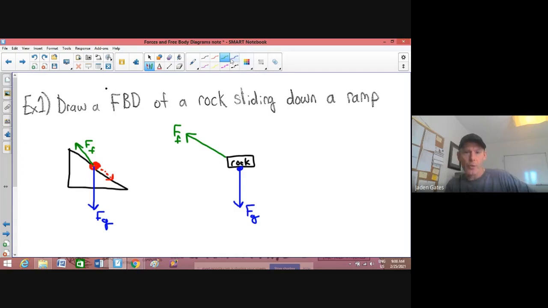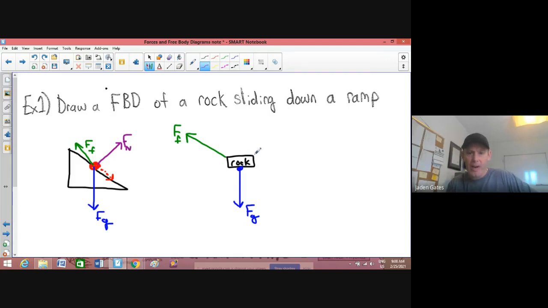Now, the other force we have, again, we don't have an applied force, right? Instead we have the normal force. This rock is pushing down on the slope. The slope is pushing up on the rock, again, at a right angle to the slope. So there is our normal force.